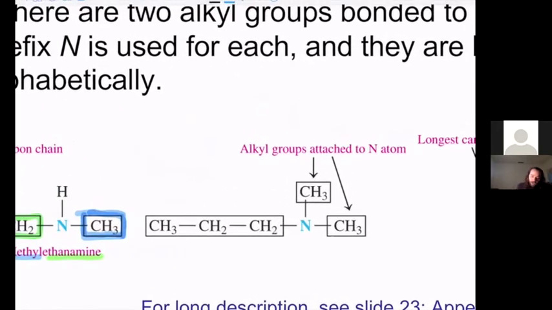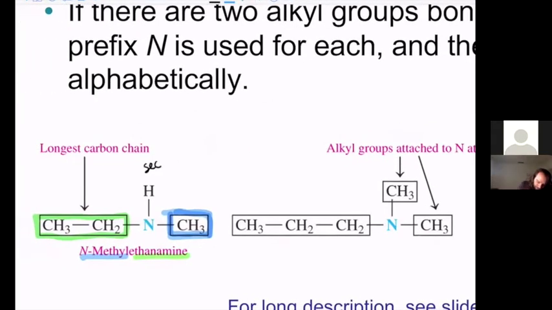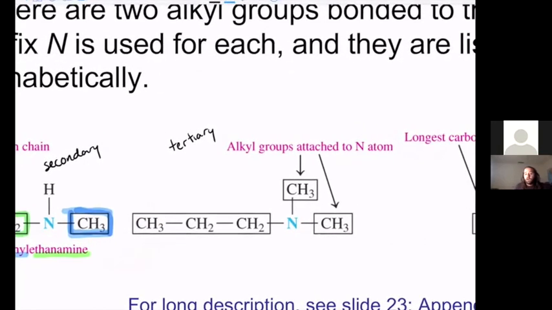All right, so then let's do this other example. Let's just go back for a second. This would be considered a secondary amine because it's bound to 2 carbons. This would now be a tertiary amine because in this example, there are 3 carbons. We're going to go about it the same way.